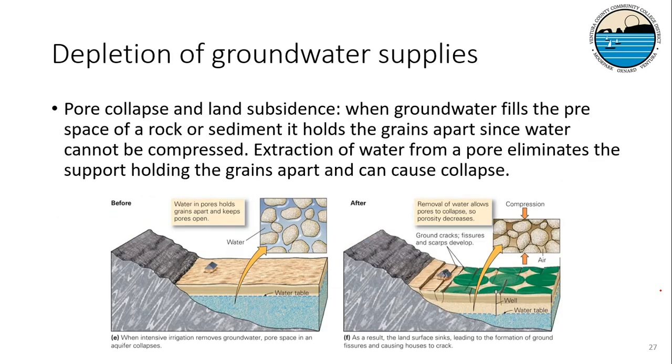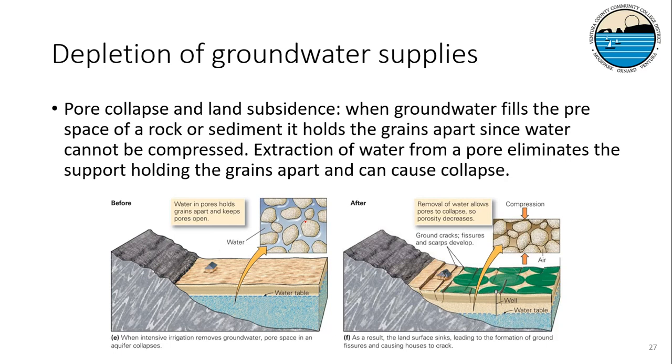Another thing that we see is subsidence. We have pore collapse and land subsidence when you deplete the groundwater supplies. If you think about that drawing of these grains with water between them, that creates somewhat of a stable system.